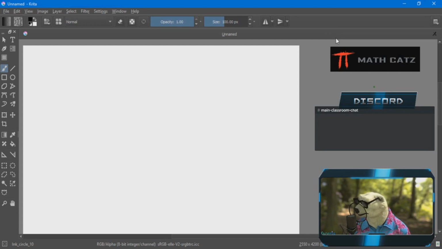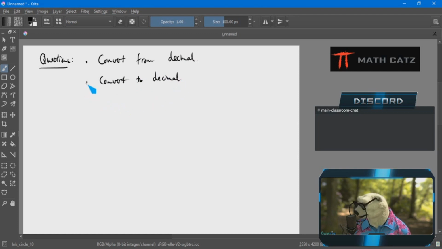For each number system, our questions have been the same. Our questions and things that we have practiced are: convert from our familiar decimal system, convert to the decimal system from whatever number system we have looked at, and then we looked at the written method for addition, subtraction, and of course multiplication.